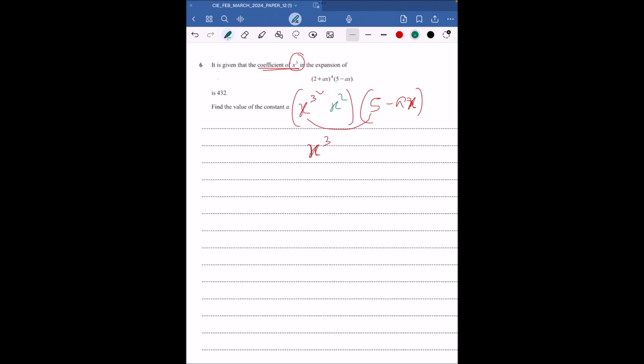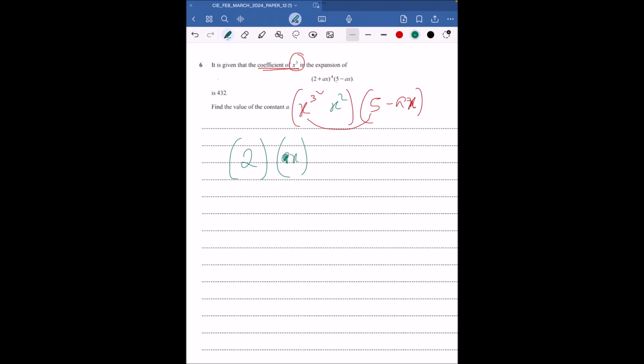So this is what we do. What I recommend doing is, some of you have an easier way. Some of you try to find n, or you expand everything. I think that's a long method. For binomial expansion, just write this. Make 2 brackets because there are 2 terms. So this is 2, this is ax.